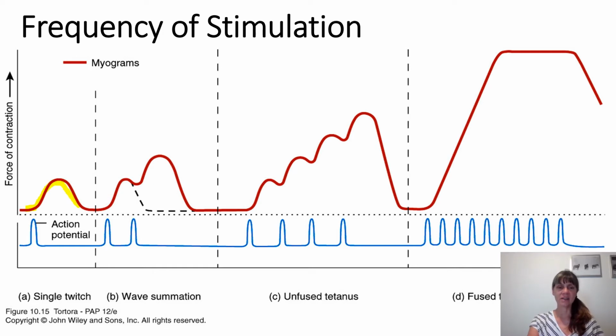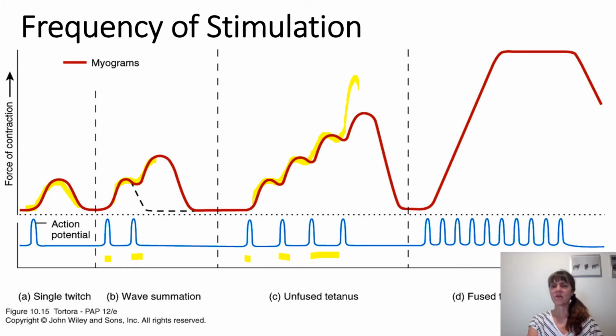If we add one stimulus with another stimulus before the muscle gets to relax completely, we see wave summation. If we continue to add stimuli to the muscle, allowing slight relaxation in between, but not complete relaxation in between, we see more wave summation, which is sometimes referred to as unfused tetanus.